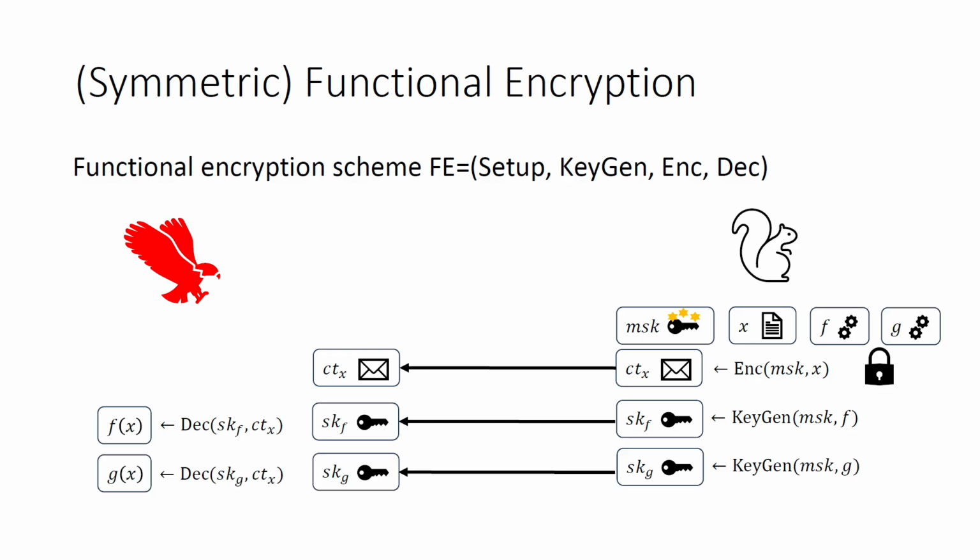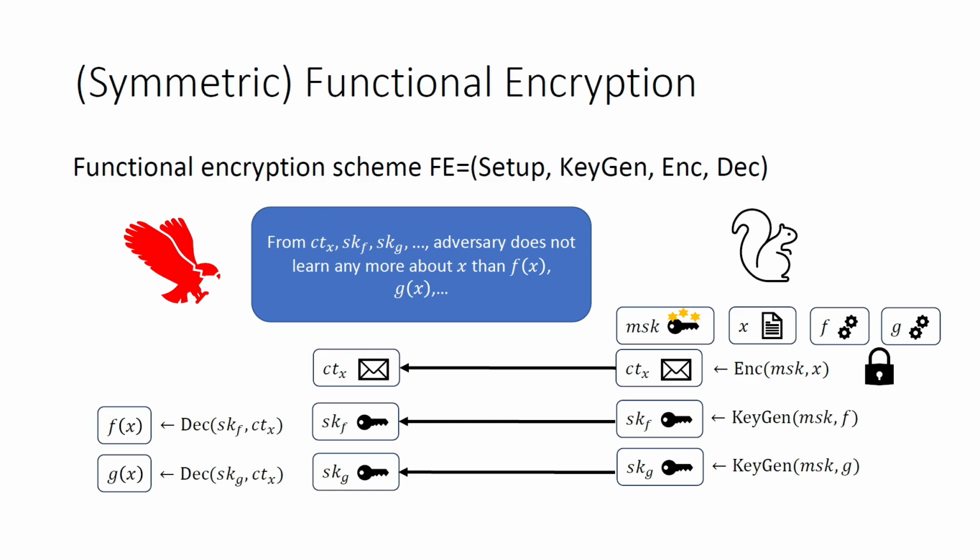We can repeat that: the squirrel can generate a new secret key for another function g, send it to the eagle, and it can compute a new function value of g on x. And we basically want the following, that's what NCPA security guarantees. From this ciphertext and all the secret keys, the eagle does not learn anything more about the message x than the function values of the functions it knows on this point x.